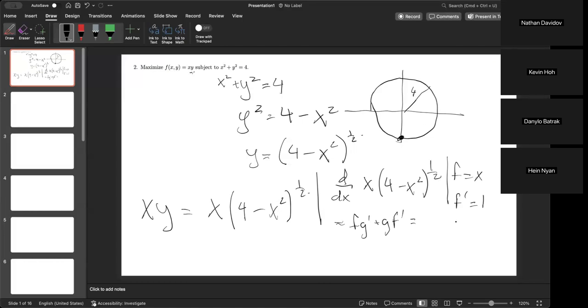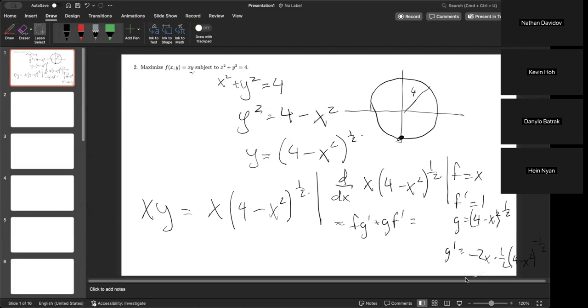My g is going to be 4 minus x squared to the 1/2, and for g prime I have to do a bit of work. Remember, that's the derivative of the inner times derivative of the outer. Derivative of the inner is minus 2x times the derivative of the outer, 1/2 times 4 minus x squared to the minus 1/2. And let me just adjust this so you can see it.